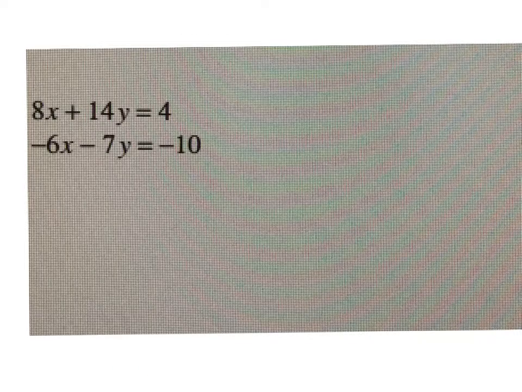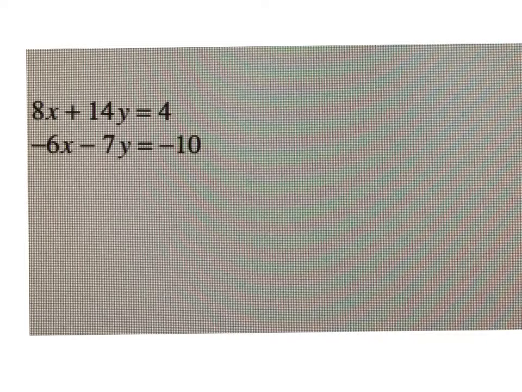Here's another system that we can use elimination to determine the solution. And so when I'm looking at the x's and the y's, I notice that there's an easy multiple of this second equation that would eliminate the y's from the first.